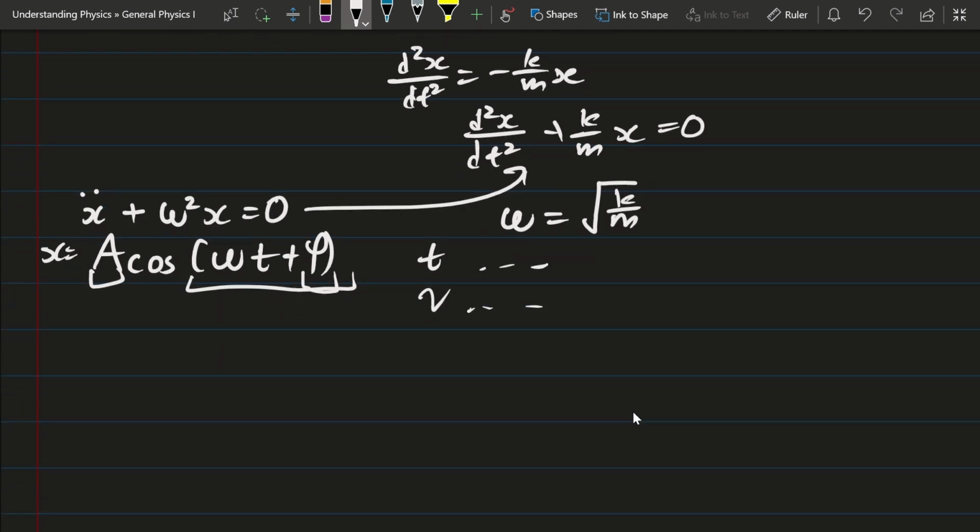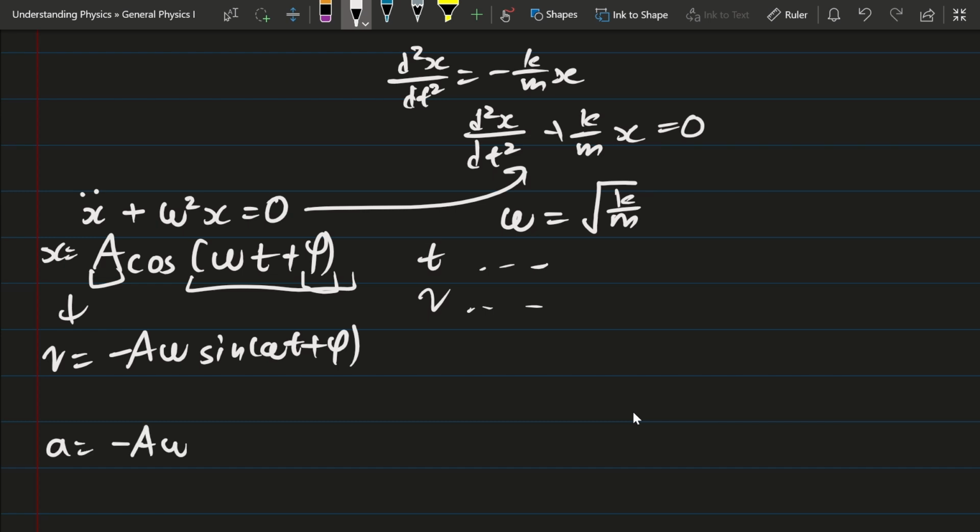And so you could know what the velocity of the object is, which is negative A omega sine omega t plus phi. This is basically the first derivative, and then for the second derivative, it will be minus A omega squared cosine omega t plus phi.